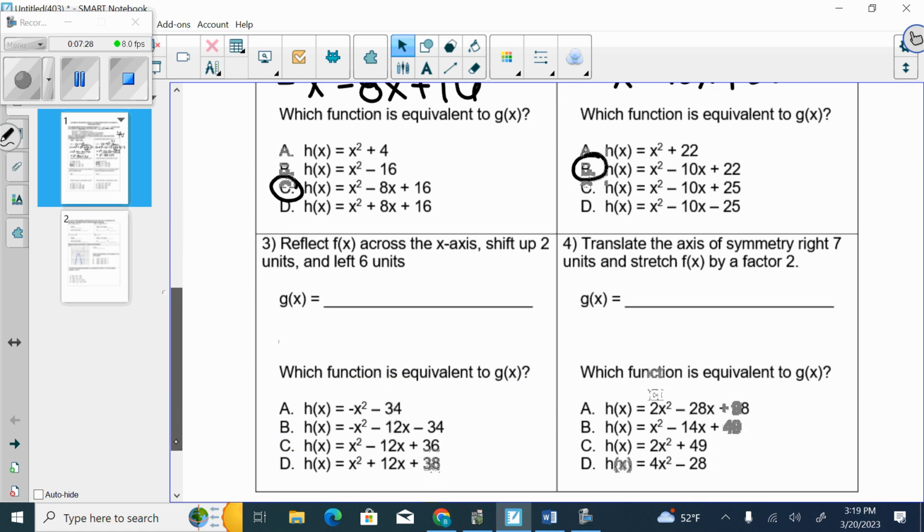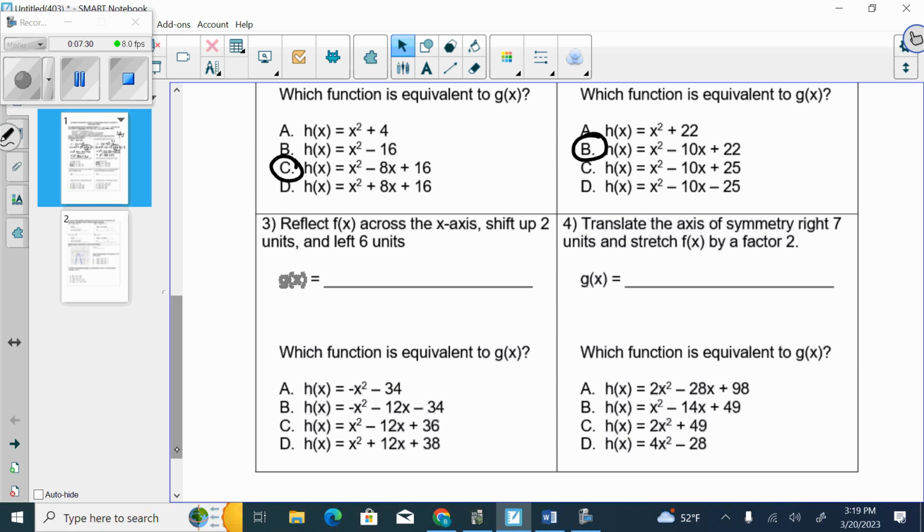All right, this one says the equation is going to reflect across the x-axis. Reflect, what does that mean we have to have at the beginning of our equation? A negative. Nice. So I've got a negative. Then it says it's going to shift up and left. Did it say anything about a stretch or compression? Okay, all right, so we don't need a number in front. Did it say we shifted left or right any? So I'm going to need a parenthesis, right?